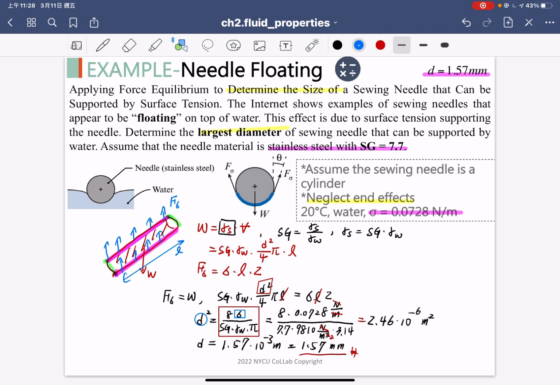It's common sense, right? And if your needle is not stainless steel, you change the material of the needle, the SG will be changed also. So the largest supported diameter will also change. Okay, so that's quite a simple idea for surface tension.